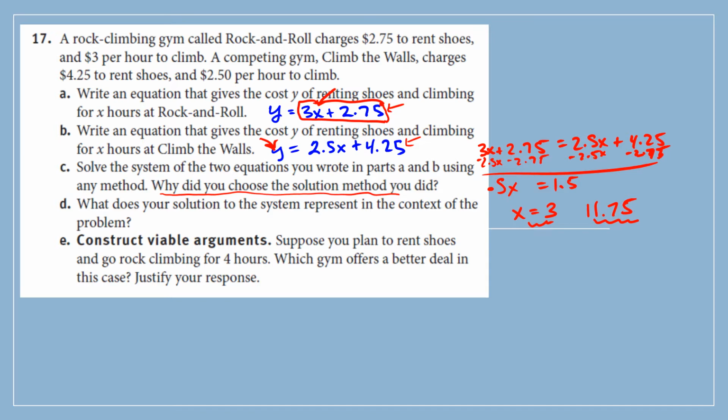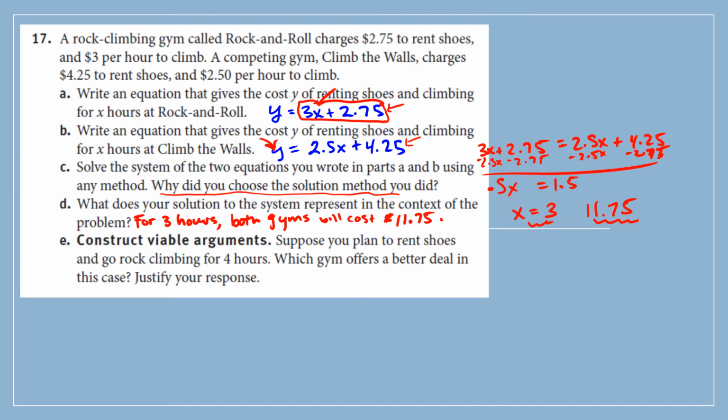So it means that for 3 hours, both gyms will cost $11.75. So that is the same solution for both of those. So 3 hours, $11.75.